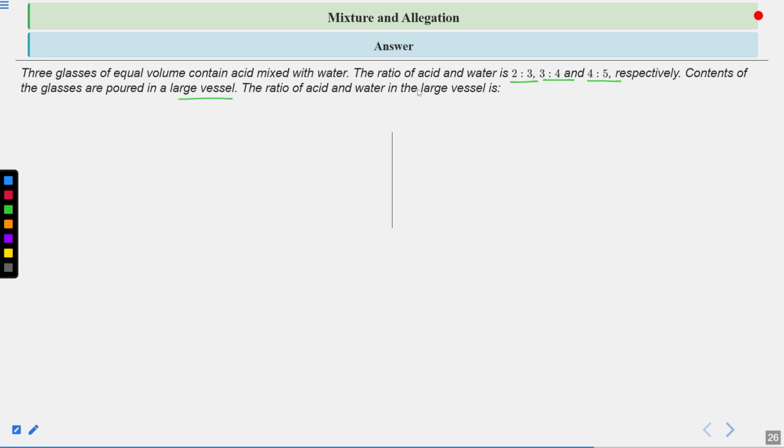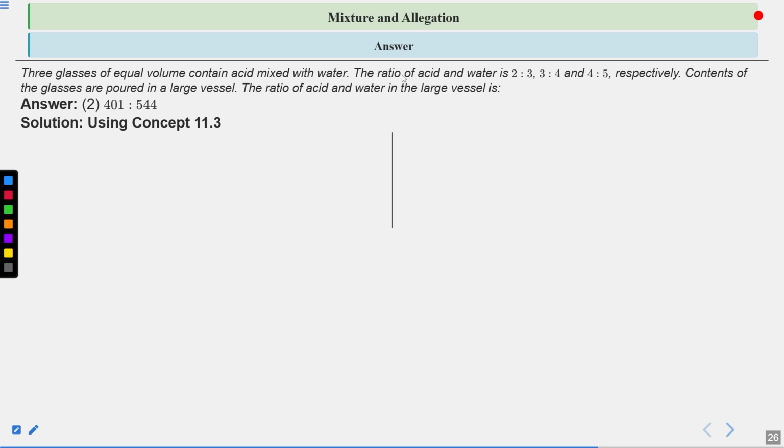What is the ratio of acid and water in the large vessel? First we need to make them equal quantity, then we can mix them and get our answer. So the correct answer of this question is second one, which is 401 ratio 544.